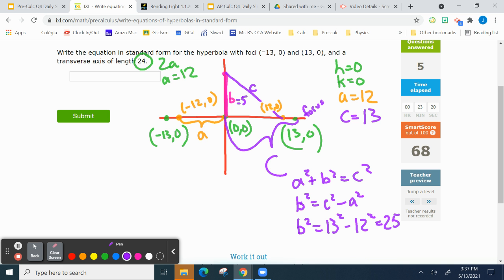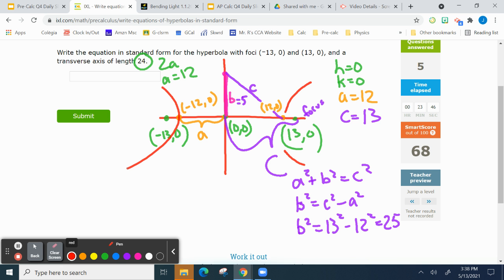But we don't really care what B is because we don't need B for the equation. We need B squared, right? So now we're just going to write the equation out. So first of all, what do we know? Because of where the foci and the vertices are, we know that this thing goes like this, right? So we know it's going to be x in front.